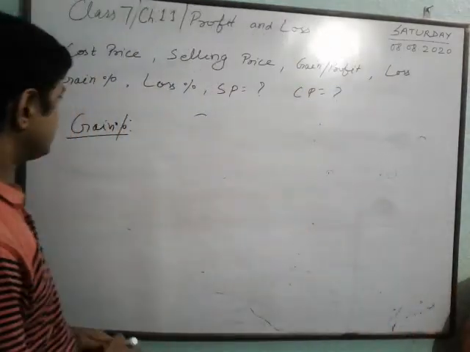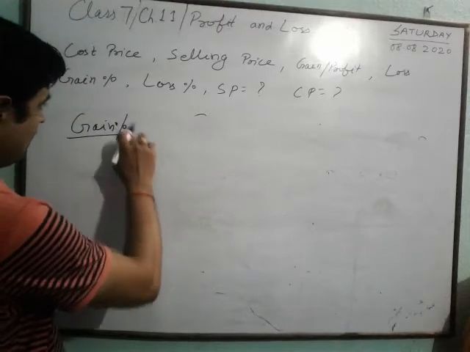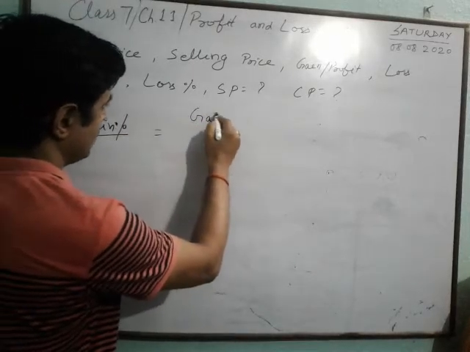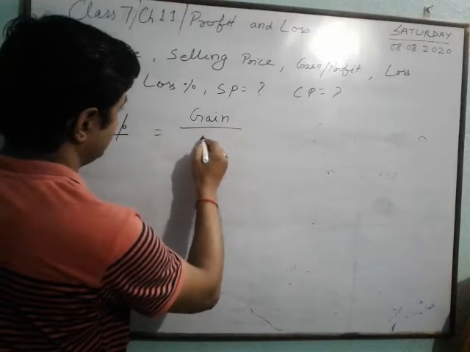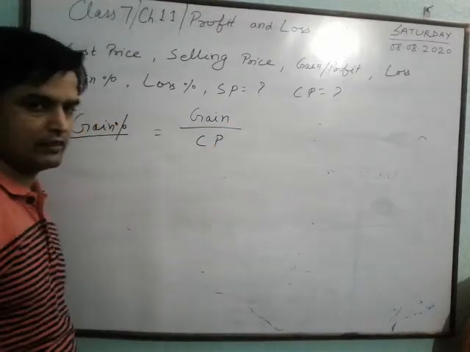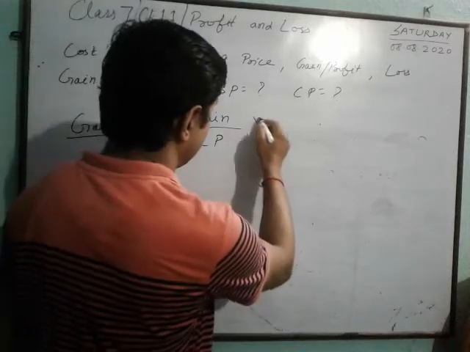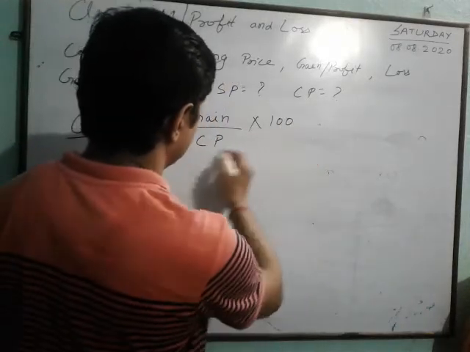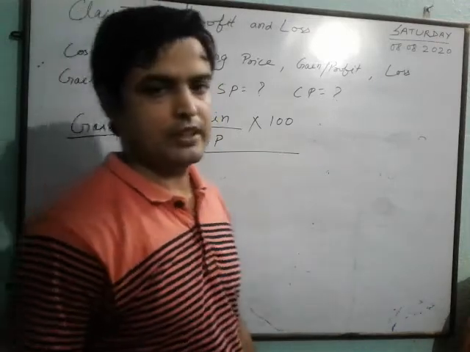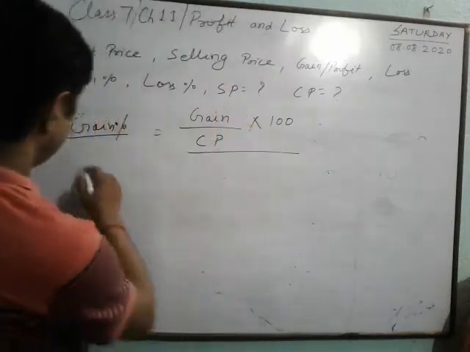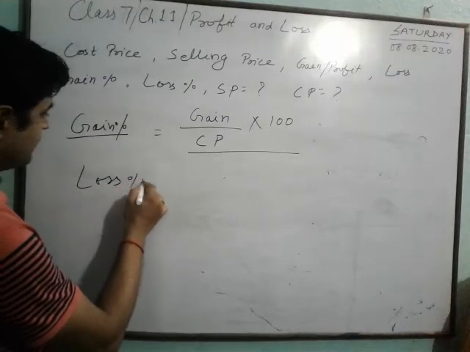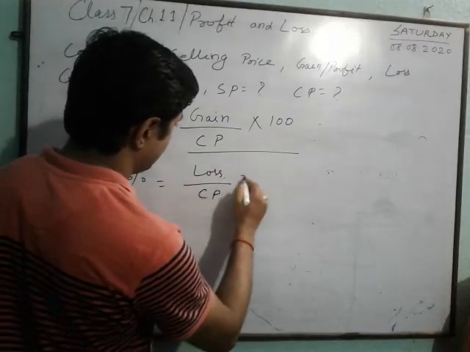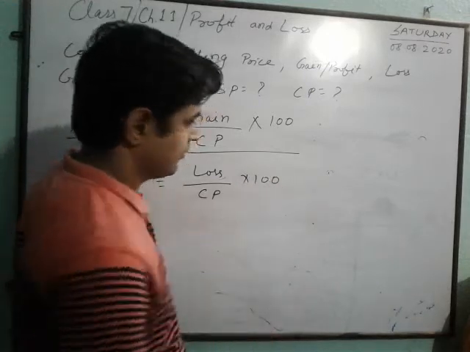So the formula for the gain percent equal to gain divided by CP and multiply it by 100. And for loss percent the formula is loss by CP into 100.